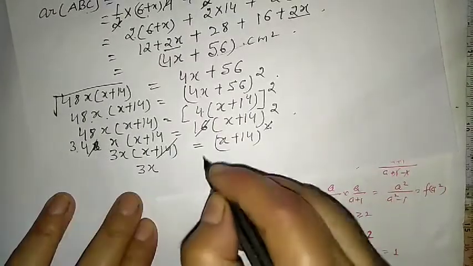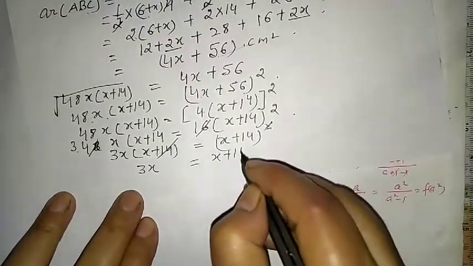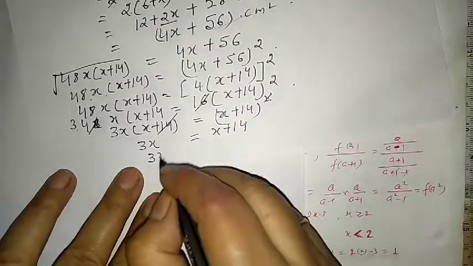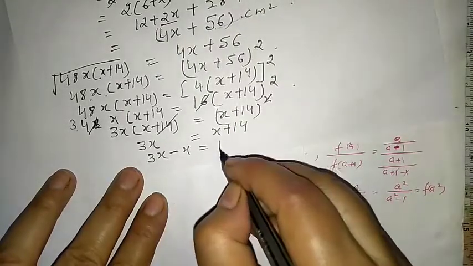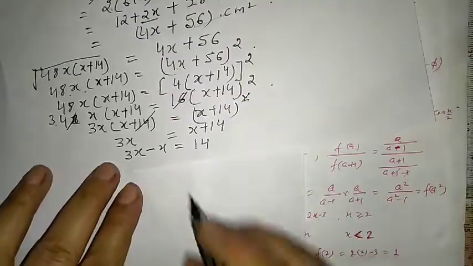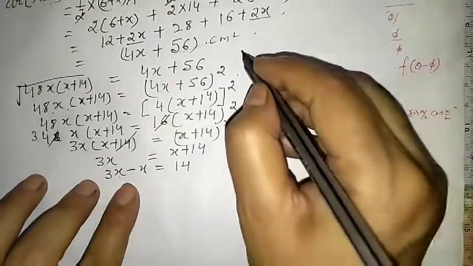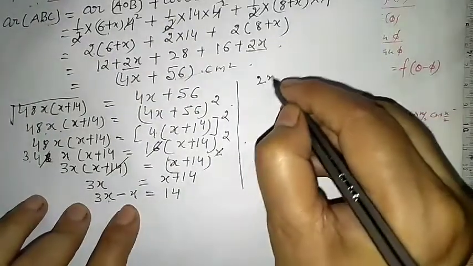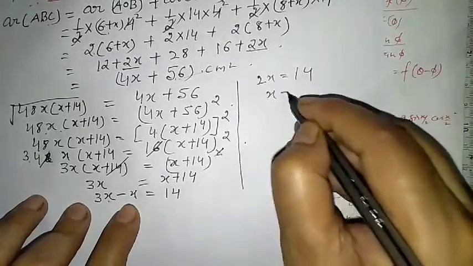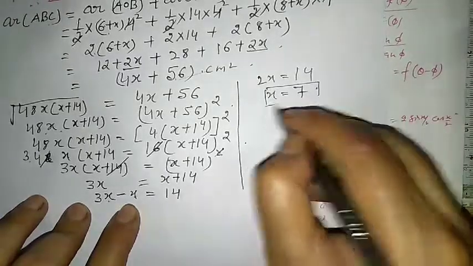So 3x is equal to x plus 14. So 3x minus x is equal to 14. So 3x minus x, that we have here, 2x is equal to 14 and x is equal to 7.